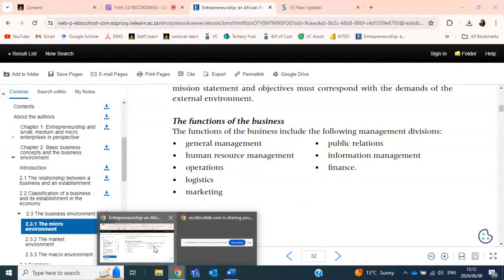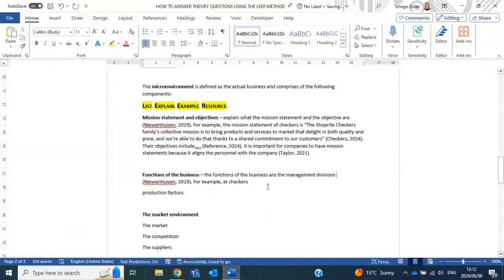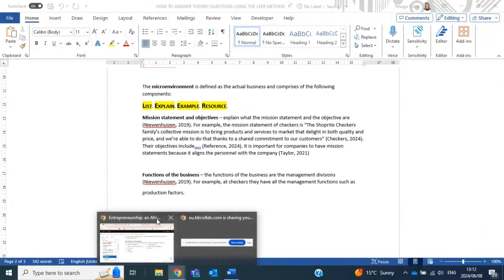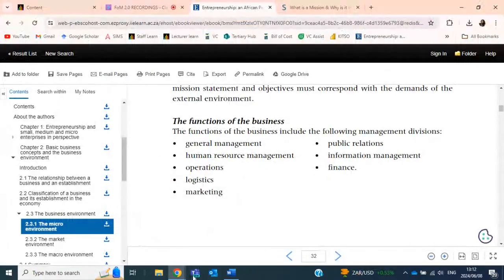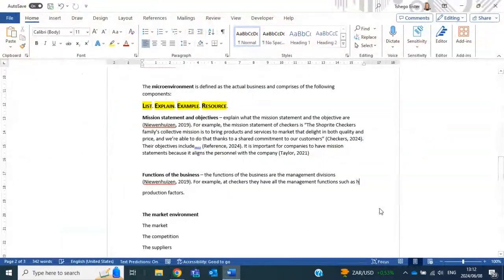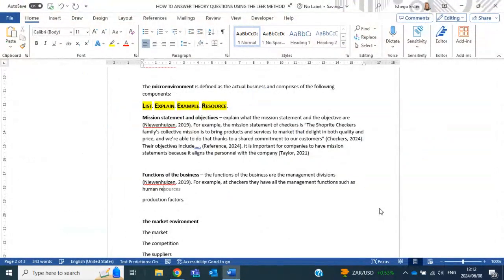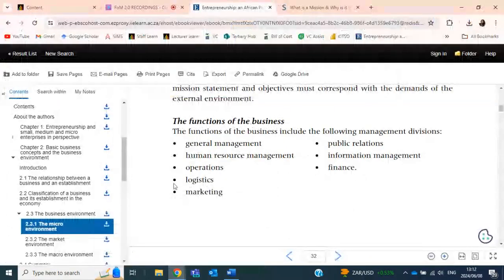You can say at Checkers they have all the management functions, such as, and let's see what we've got here, human resource management, right? And then let's list it as human resource management. And then what I would go ahead and do, because that is our example, is check and Google.